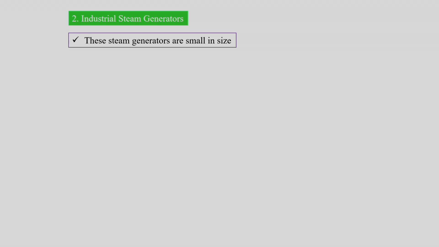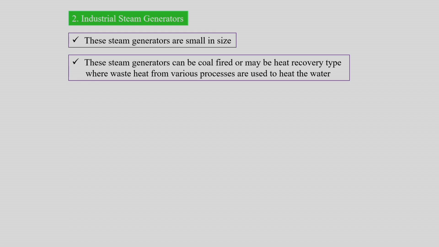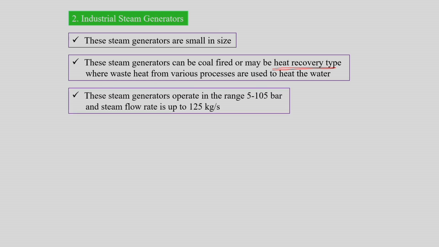Industrial generators are comparatively of lower size, and in the Indian context we mostly see them as coal fired, or they may be using the waste heat from other processes of the industry. The generators might use that waste heat to convert liquid water into steam.